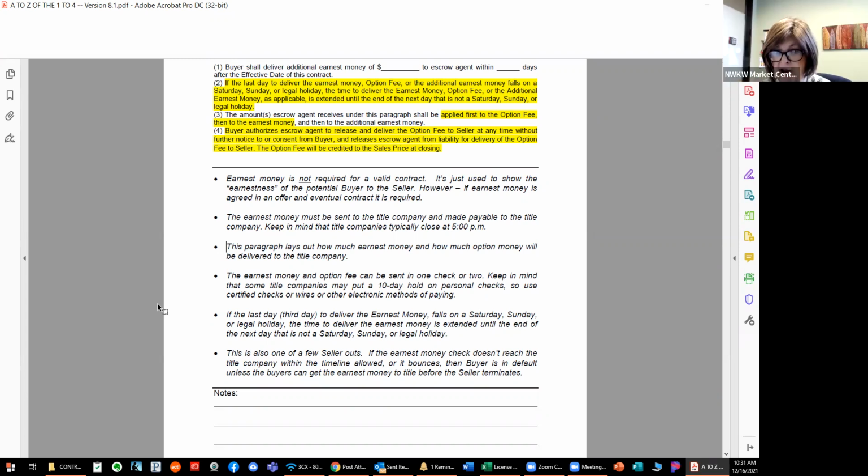It definitely shows that they're more liquid and have more cash that they could put down. That does affect people. It shows that they're not scraping by to get the deal. What I was seeing earlier this year, though, was more option fee. Earnest money you get back if you opt out for a legal reason. Option fee you never get back.